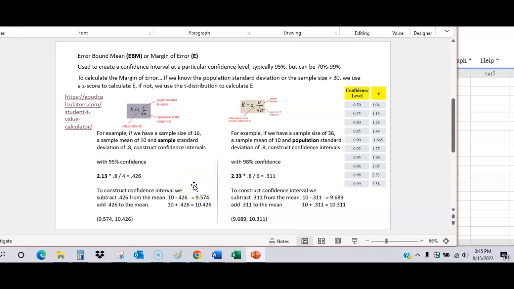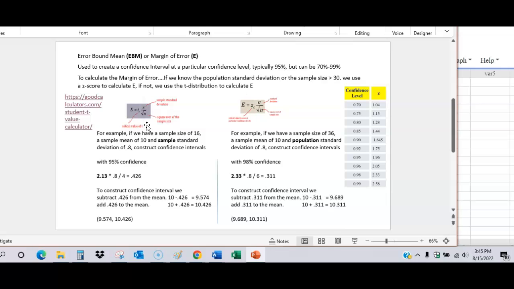All right, now let's look at when we don't know our population standard deviation. In that case, the formula looks very, very similar, except we're using the sample standard deviation and we're using the critical value t. If you went through the slides or the work, you would see that, again, it's contingent on tables.